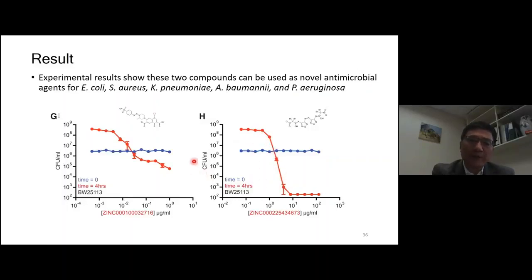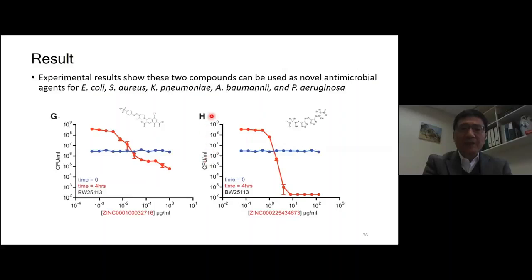And for your information, the CFU is the count of the number of bacteria in the culture media, for example, the flask. And so, of course, the lower the number, the less the bacteria, in other words. So the red curve on the right side clearly demonstrates this is a very effective antibiotic to kill the bacteria.